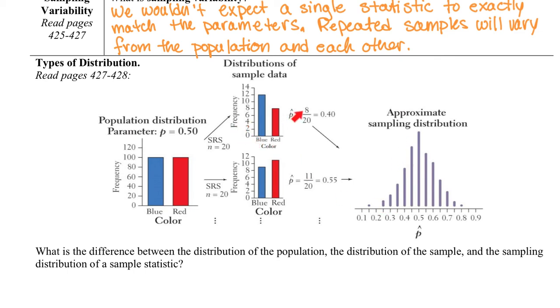So in the first sample we took, we only had 8 red. In the next sample we took, we had 11, and then we did this many more times and came up with this graph. And you can see that sometimes it went as low as, I guess that would be 0.15, and as high as 0.8, but we know that our true proportion was 0.5.